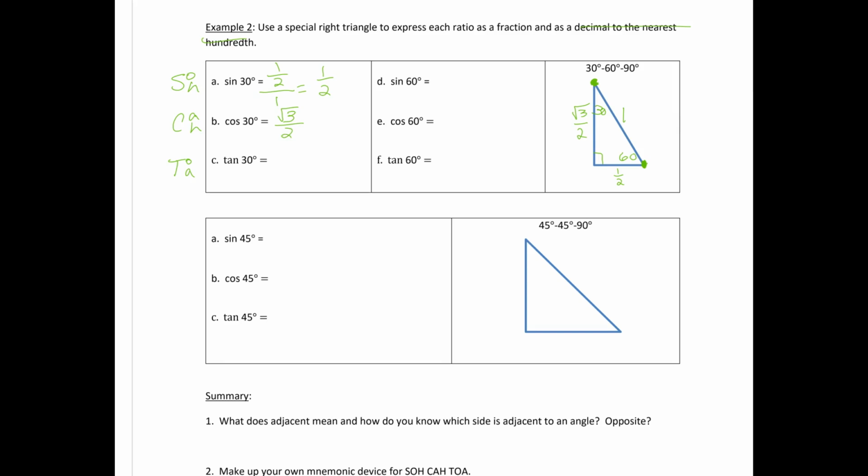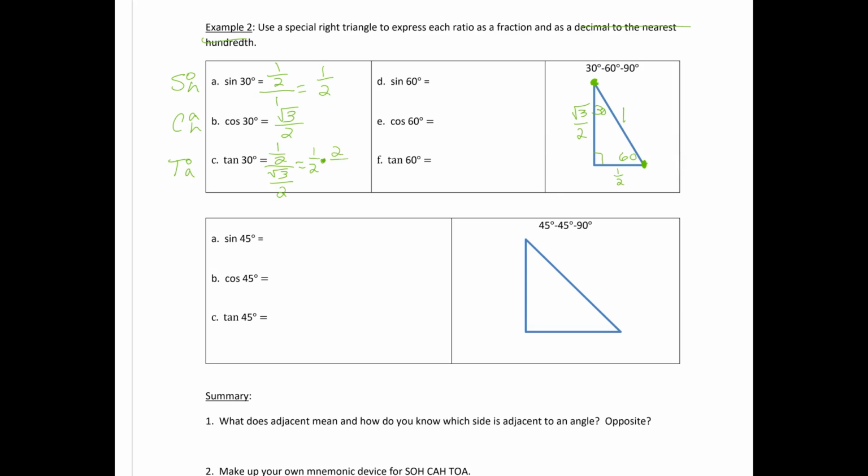So the tangent of 30 degrees is equal to the opposite side over the adjacent side. This one's going to get a little interesting. I've got 1/2 divided by the square root of 3 over 2. If I remember my algebra rules, this is equivalent to copy, dot, flip, and I'm going to flip this fraction over.